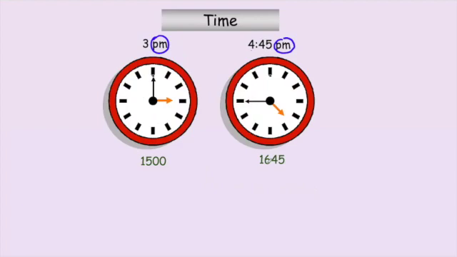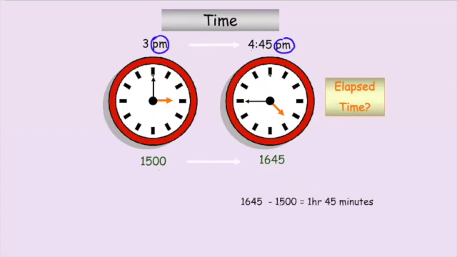This is step number 1. Step 2, we subtract 1645 minus 1500. 16 minus 15 is 1 hour. 45 minus 0 is 45 minutes. So the elapsed time is 1 hour, 45 minutes.